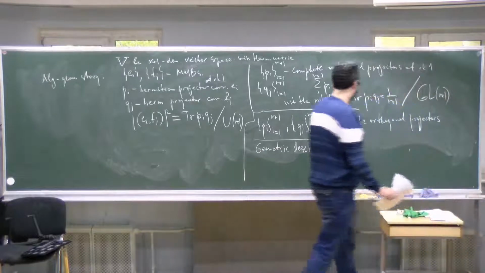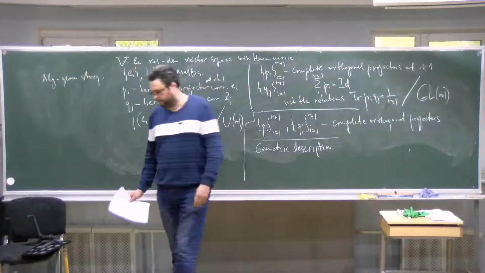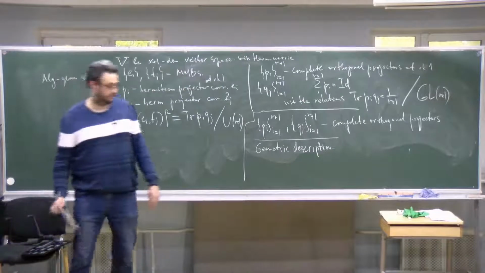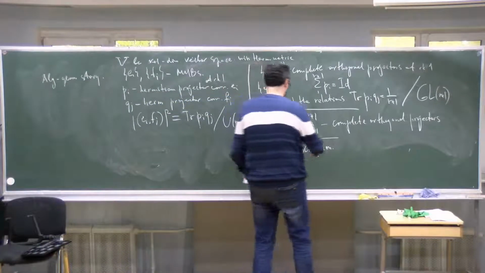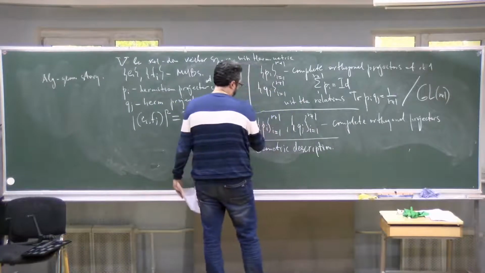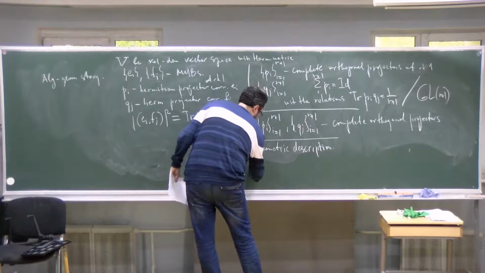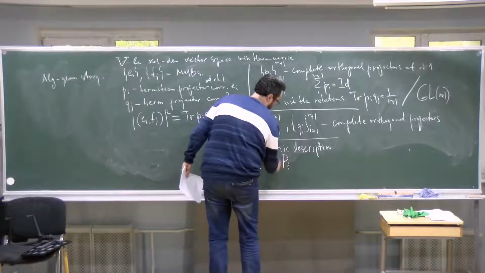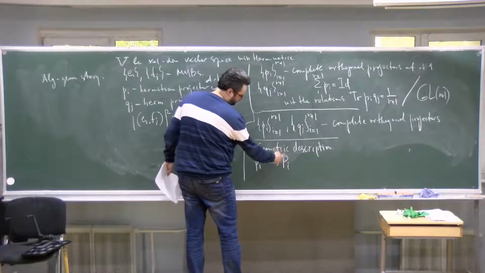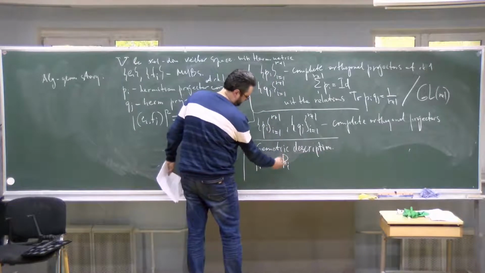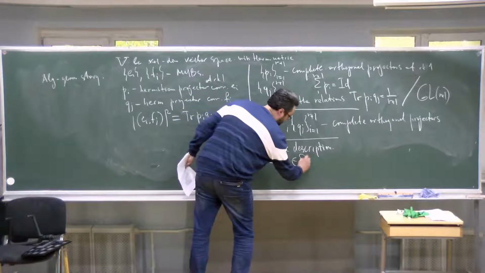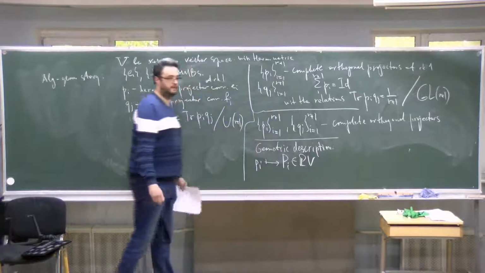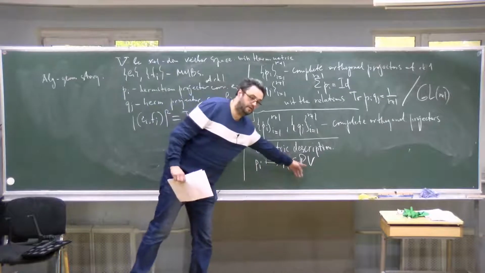One-dimensional subspaces of V are parameterized by projective space, the projectivization of V. So we can consider the following correspondence: Pi corresponds to points which I denote by a big letter in PV, the projectivization of V.